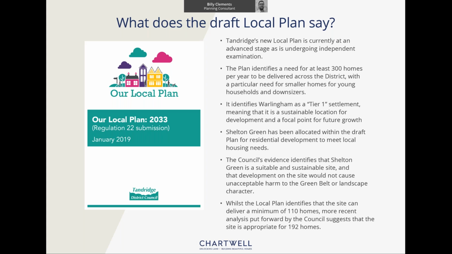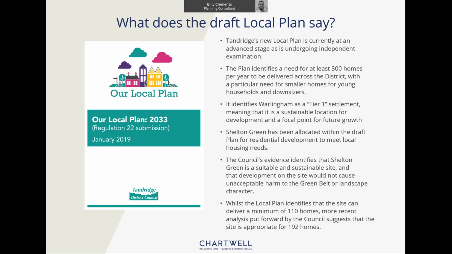In terms of the capacity of the site, the local plan identifies the site as being capable of delivering a minimum of 110 homes, albeit the council put forward more recent evidence as part of that local plan process to the inspector, which identifies that the site has a capacity for over 190 homes, so significantly more than initially thought. And in the council's most recent interactions with the inspector, they make very clear that the numbers quoted in the local plan are minimum figures.